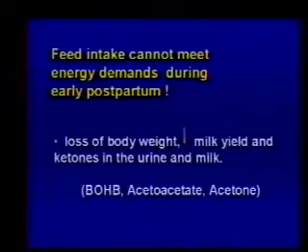I would also want to remind you, while we're discussing acetoacetate, that one of the ways we diagnose this condition is we take a urine sample, using a multistick or an individual tablet, to check for acetoacetate in the urine.